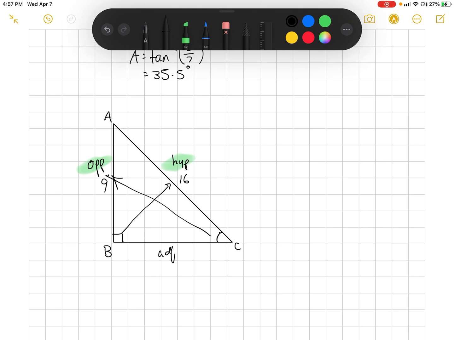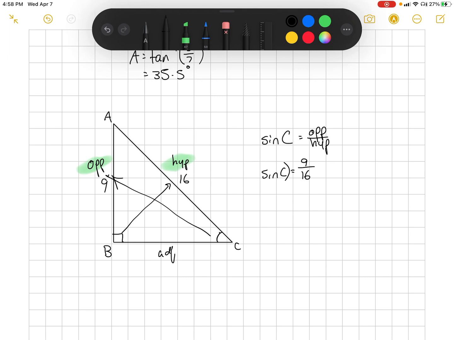So, opposite and hypotenuse is sine. Sine of C is equal to opposite over hypotenuse. Start in the same place every single time. Start with your formula and then substitute what you know. Sine of C is equal to our opposite side over our hypotenuse. And then we want to get C by itself. We want to figure out what angle C is.